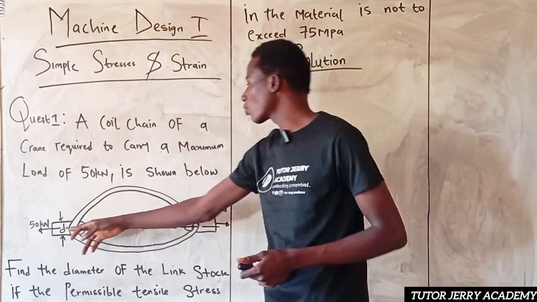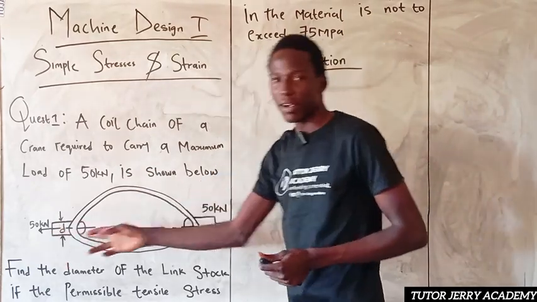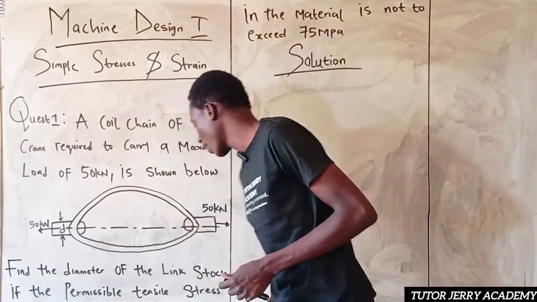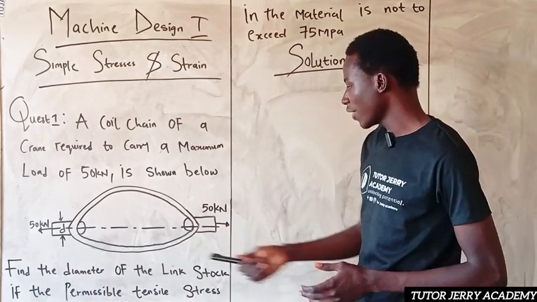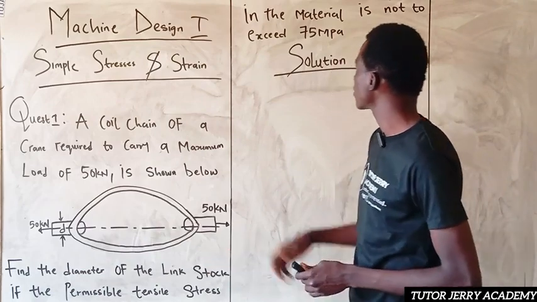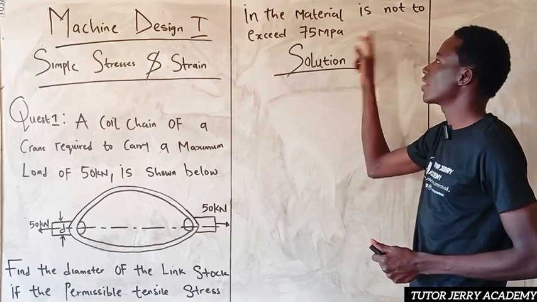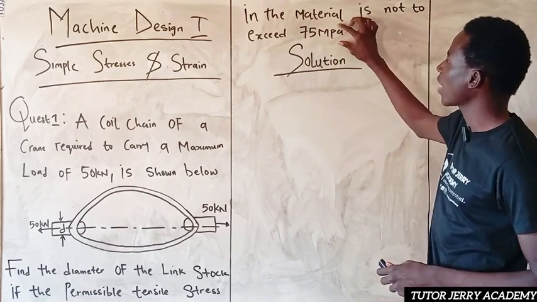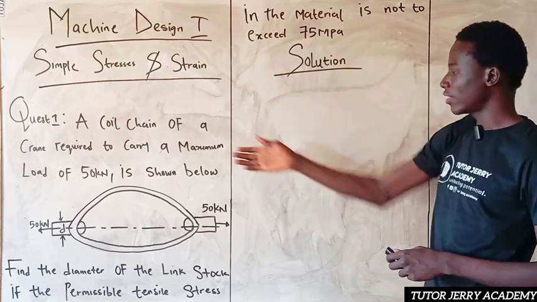Now, it has a load of 50 kilonewton axial both to the left and to the right. So we are asked to find the diameter of the link stock if the permissible tensile stress in the material is not to exceed 75 megapascal. That is, this is the allowable tensile stress in the crane.